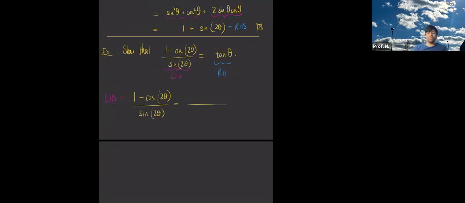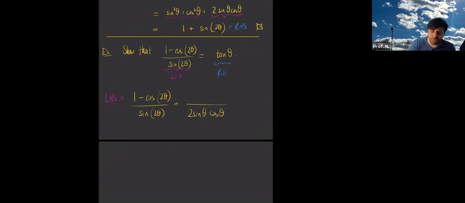Now, the only thing I can do in the denominator is rewrite it as 2 sine theta cosine theta, because I know that's sine of twice the angle. Now, the problem lies in that cosine of twice the angle has 3 different versions.